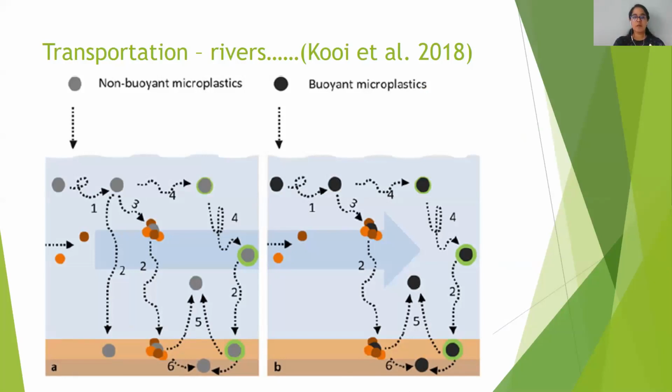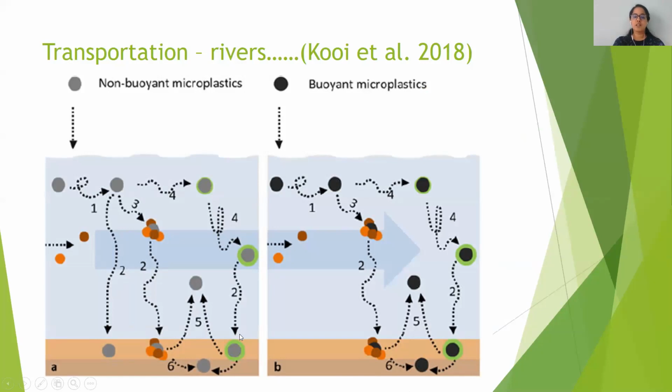So you've got number one, which refers to turbulent transport. Number two refers to settling. Number three refers to the aggregation process. And then number two again, because now it's even heavier, it can settle further. Number four is biofouling, also leading to settling.